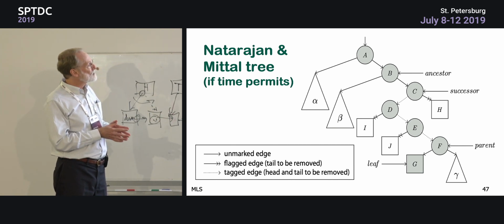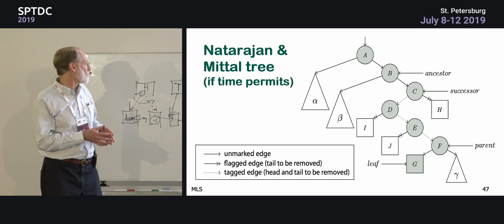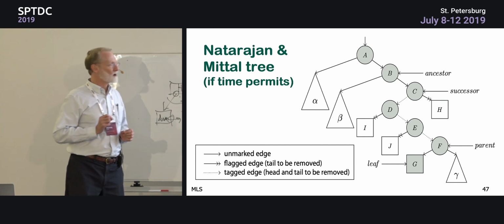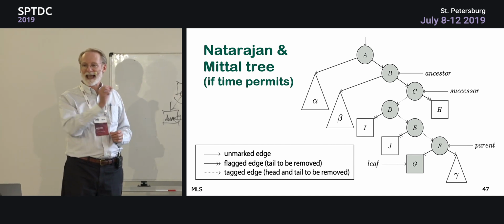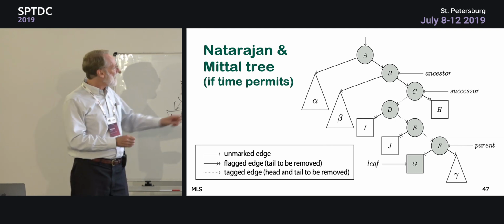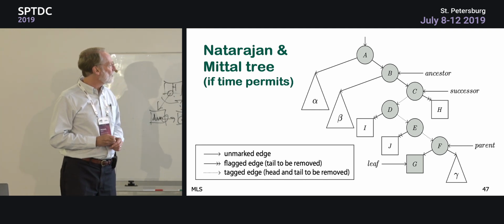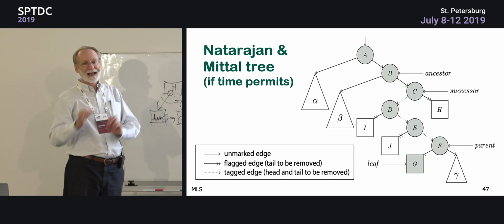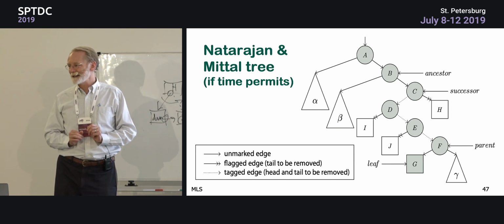The flagged edges, which are drawn in the picture with double arrowheads, are edges whose tail nodes are in the process of being removed, but whose head nodes, the ones they point at, are not in the process of being removed. And the dotted line arrows are ones where both the tail node and the head node are in the process of being removed.